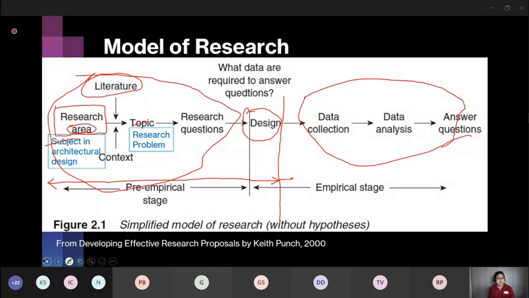So the context is, for example, a community. Not just your house, but the barangay hall. Something like that. There is a prevalent condition or problem that this barangay, this sort of community, is facing.